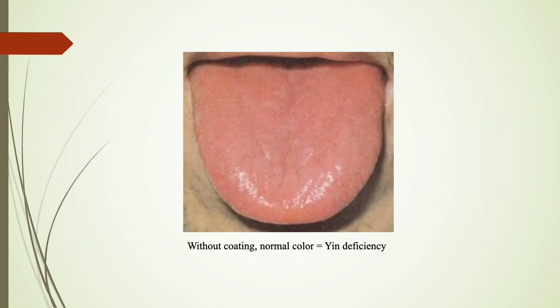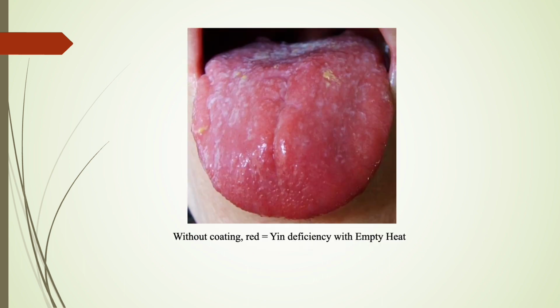It should be stressed that a red tongue without a coating indicates specifically empty heat rather than yin deficiency, although obviously it arises from yin deficiency. In other words, it is the lack of coating that indicates the yin deficiency, and the redness without the coating that indicates empty heat.